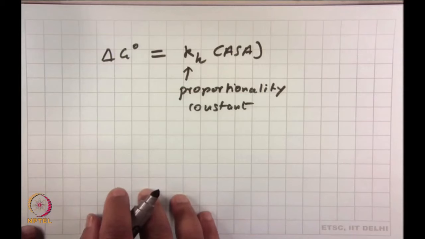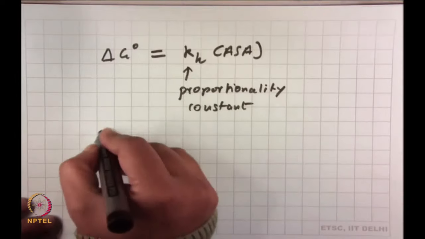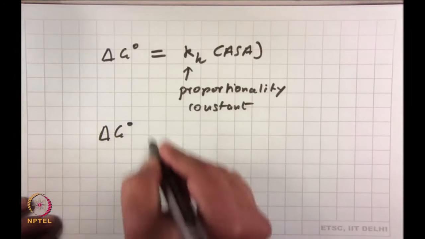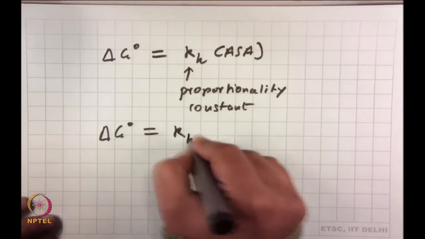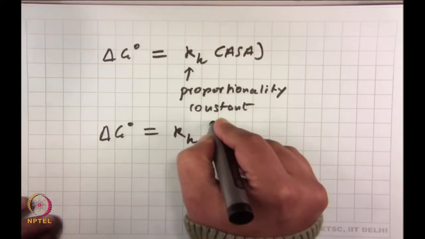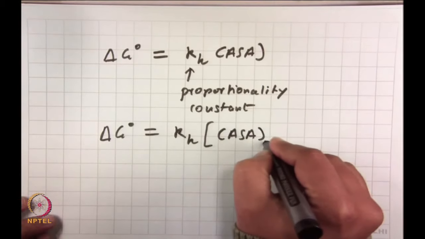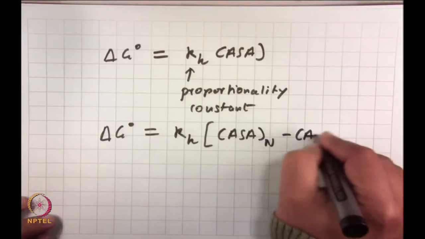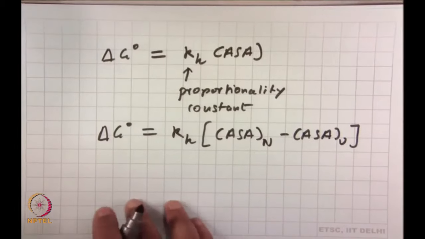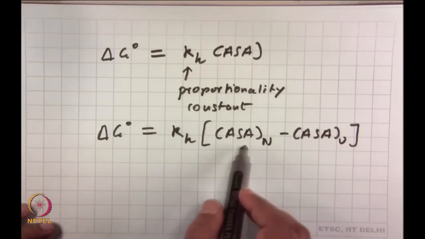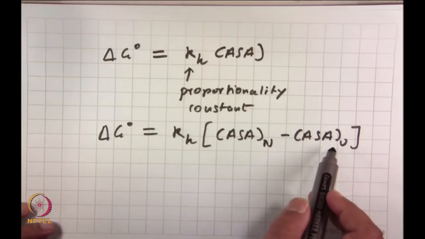Now, how can I relate it to a protein which is folding? So, what I can say is, for a protein I can write delta G0 is equal to kh, again the proportionality constant, times accessible surface area of the native state minus accessible surface area of the unfolded state, right.